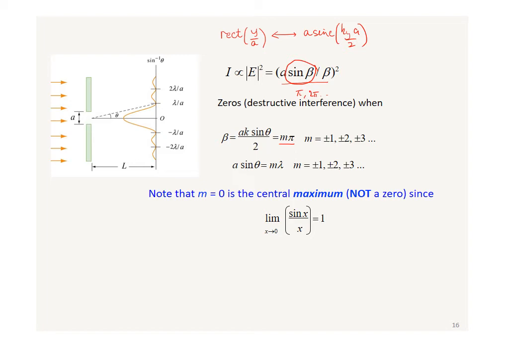Which, if you want to re-express in terms of wavelength, is this expression here. The important thing is that m equal to 0 is not a minimum, as I mentioned before. And that is because the sinc function, unlike the sine function, is actually equal to 1 when the argument of the sine goes to 0.